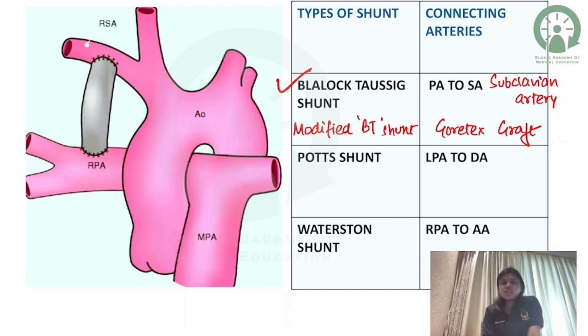What is the Pott shunt? It is between the left pulmonary artery and the descending aorta. So DA stands for descending aorta. Next is the Waterston shunt. The Waterston shunt is between the right pulmonary artery and the ascending aorta.